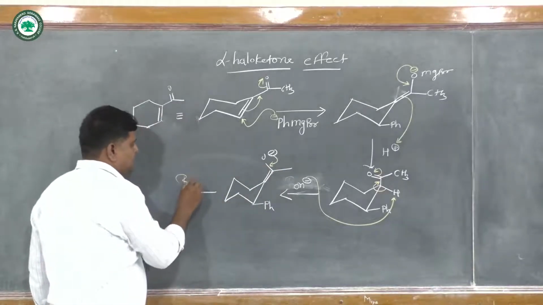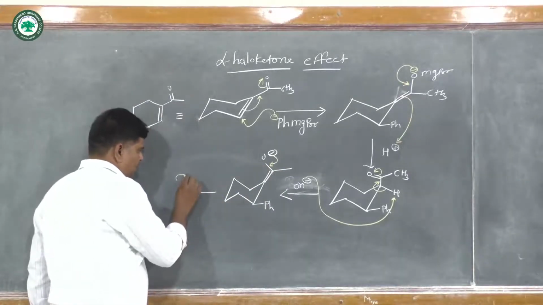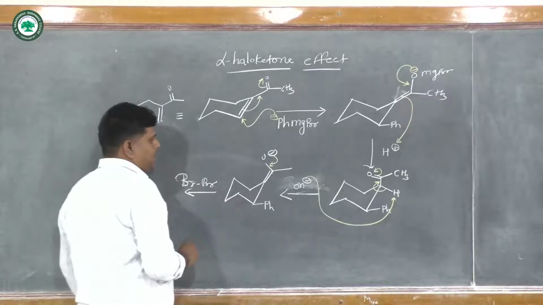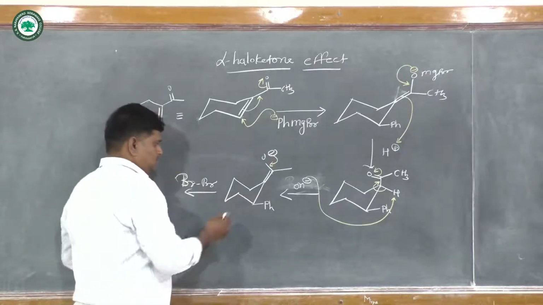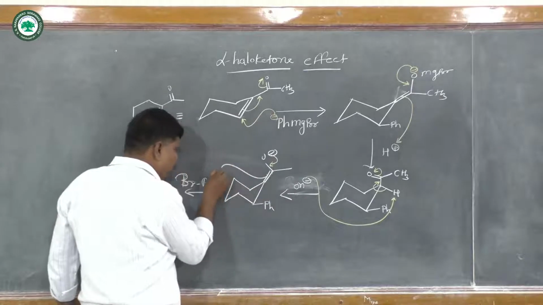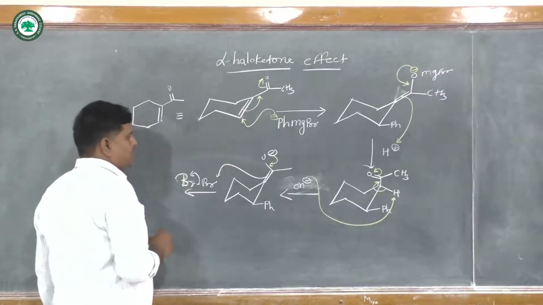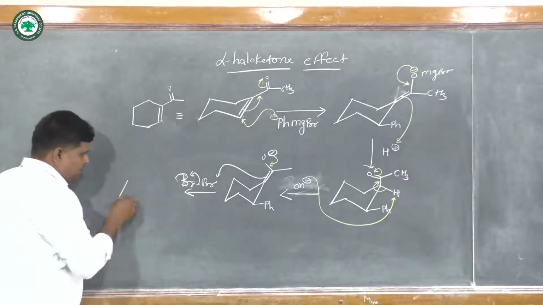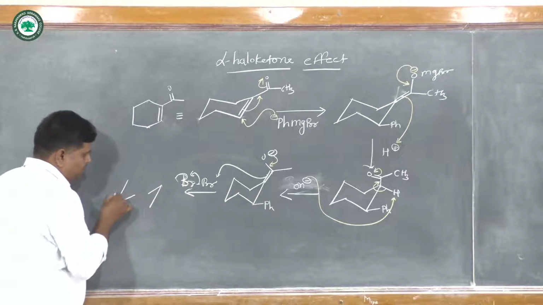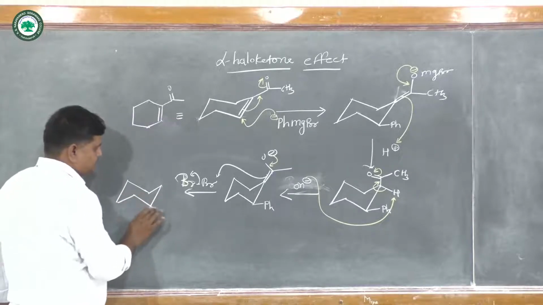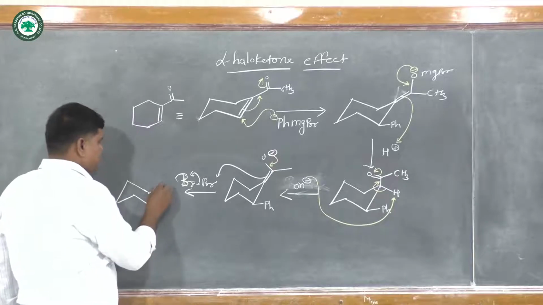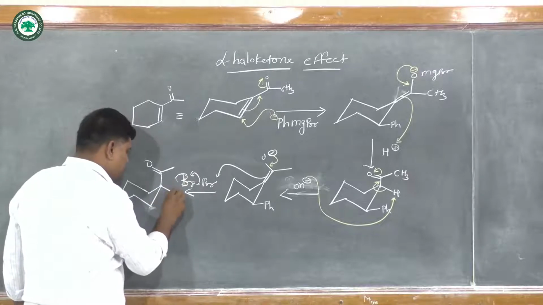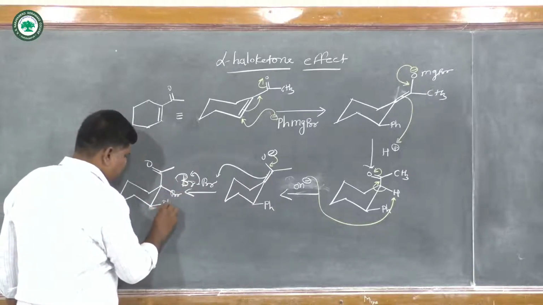After that we get bromination. In this step bromination is carried out. This bromine also approaches from the equatorial side, and we get the final product: suppose this is the carbonyl, here this is bromine, and here this is the phenyl ring.